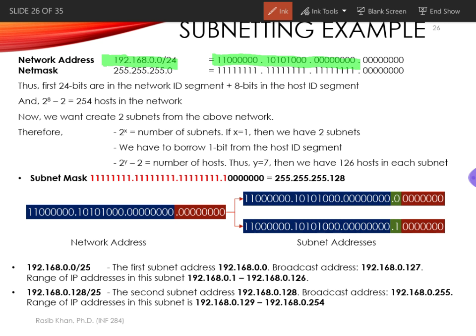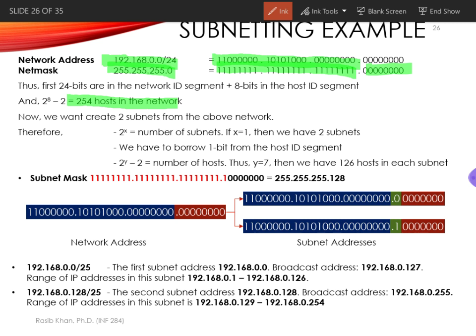The network mask for this network is 255.255.255.0, which means that all of these are 1s, and the remaining host bits are set to 0s. So there are a total of 2 to the power 8 minus 2, that is 254 hosts in this one single network.